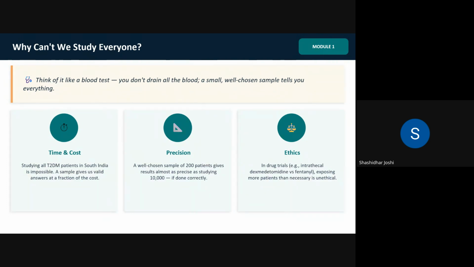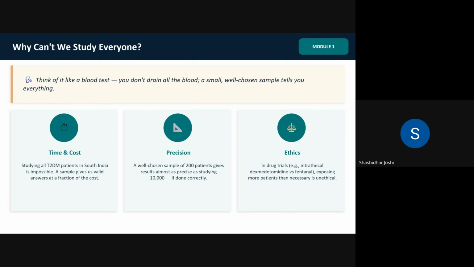The second reason is precision. If you are able to choose a very good sample, say, 200 patients out of 10,000, let's imagine, all hypothetical figures here. Imagine that there are 10,000 patients having type 2 diabetes, but you choose 200 patients which satisfy all the conditions.